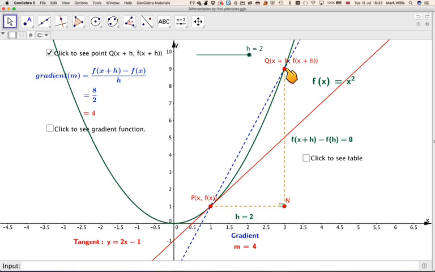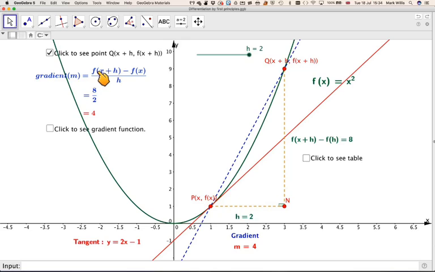So if that is the gradient at this particular point, it will be this distance here divided by this distance here, and we call this distance here h. Okay, so from here to here we would have to subtract the y coordinate, so it's going to be f of x plus h minus f of x, which we get here, okay, and this distance here is going to be x plus h minus x, which just gives me h on the bottom.